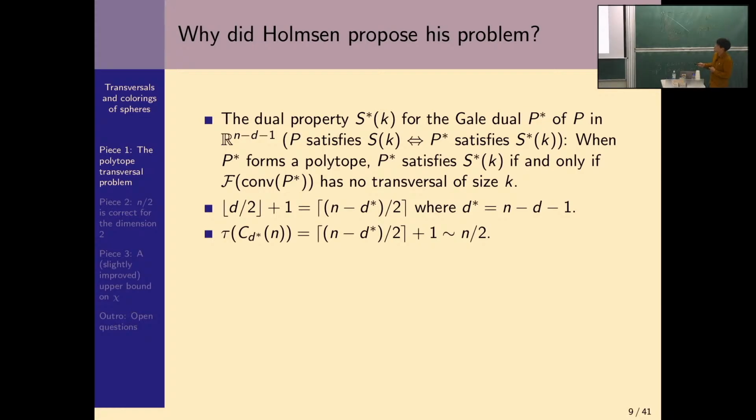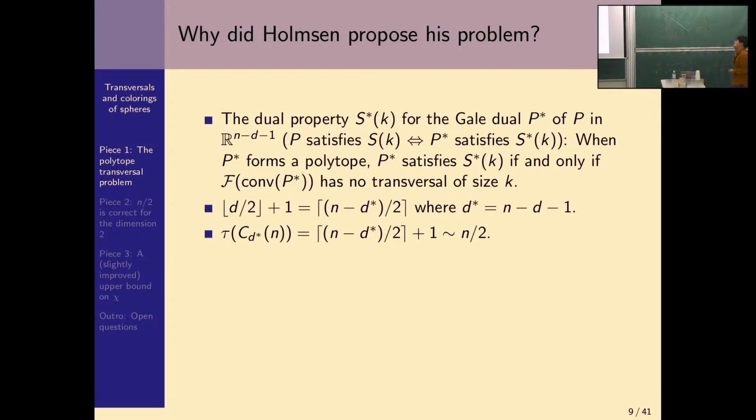This should give a lower bound for the transversal number, and an easy argument also gives that the transversal number is exactly this one. And as you can see, this becomes n over 2.